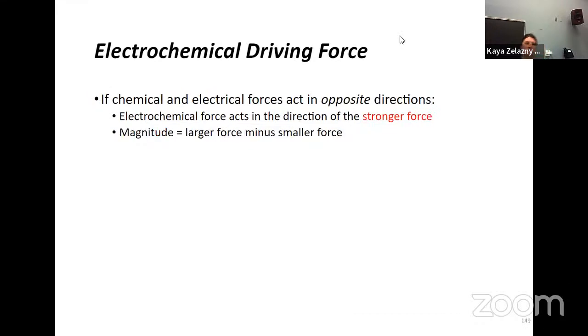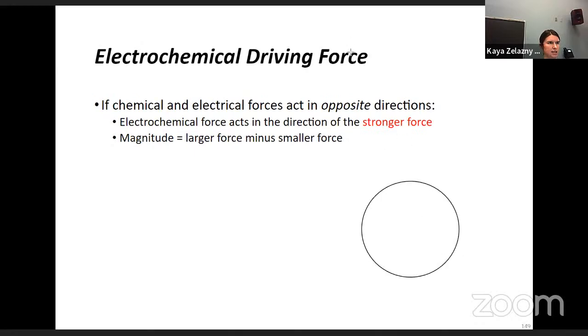Okay. So our problem comes in when we have these forces in opposite directions, right? So when we have them going opposite, take our cell again. Our chemical driving force, I'm going to keep it orange, pointing out, say.